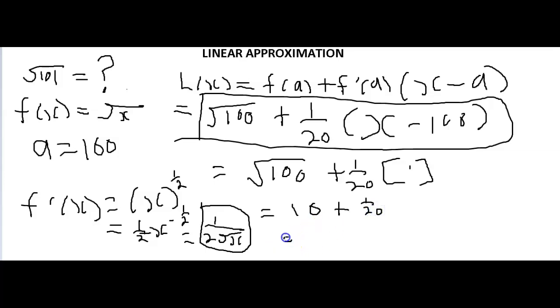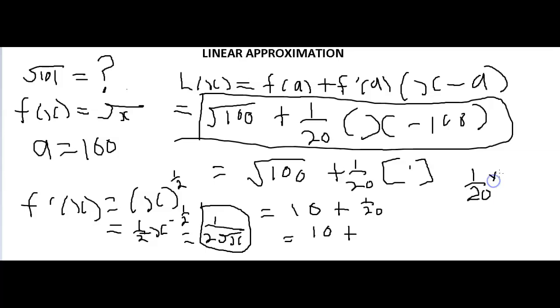And now to simplify this, what is 10 plus 1 over 20? Now, 1 over 20 can be rewritten as 0.05. Now you may be thinking, how come? Let's say you do not know this. There's a trick here. I want you to convert this to a percentage, so the denominator will be 100.